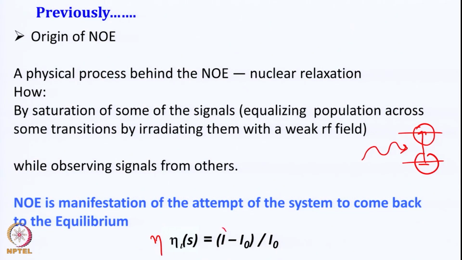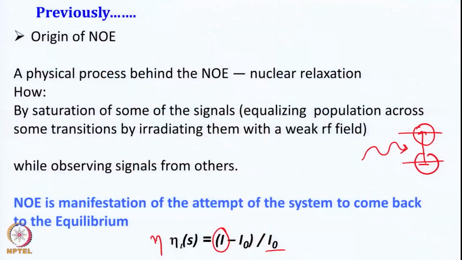It is the signal obtained because of the perturbation, I, minus the original signal I0, divided by I0. That ratio is called the NOE enhancement.